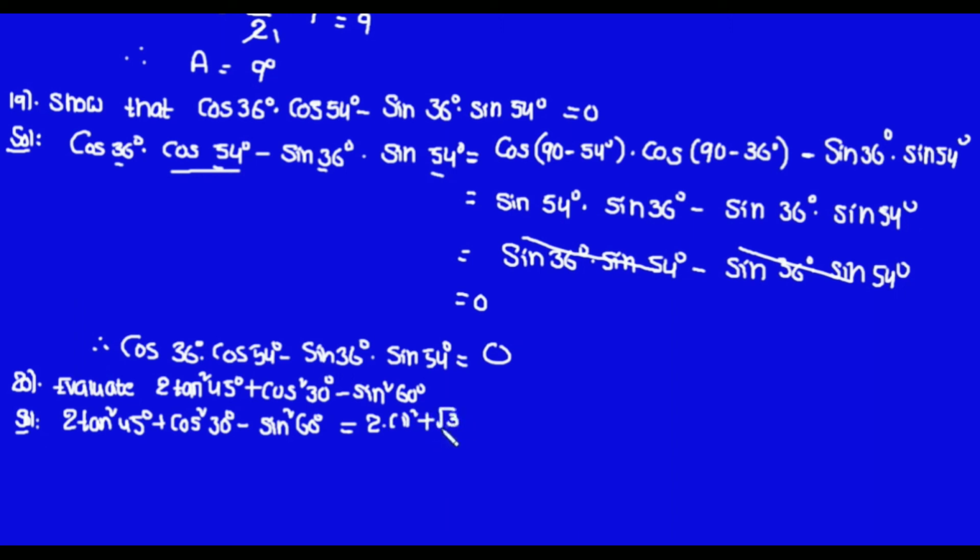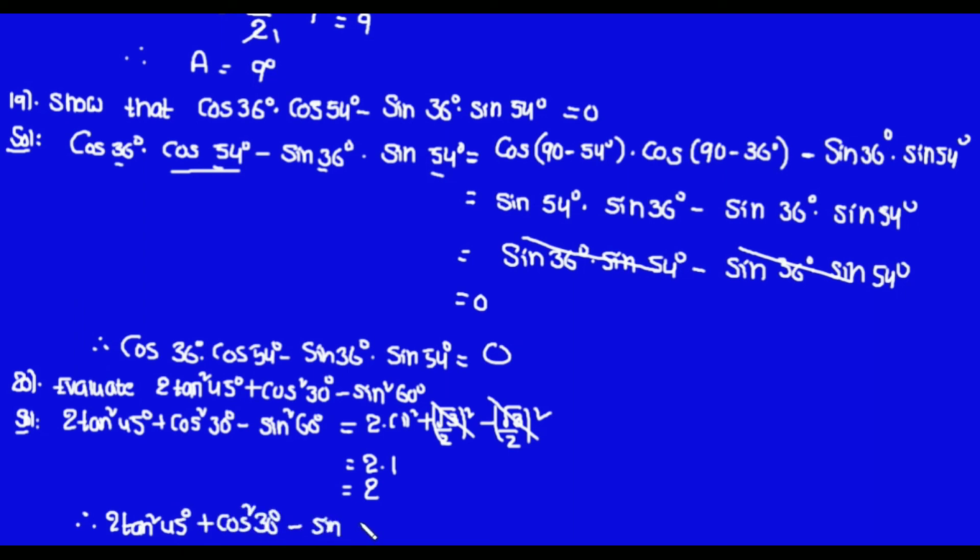Then we will get 2 of 1 square plus root 3 by 2 whole square minus root 3 by 2 whole square. The terms root 3 by 2 whole square minus root 3 by 2 whole square can be cancelled. Finally, we will get 2 into 1, that means 2 ones are 2. Therefore, 2 tan square 45 degrees plus cos square 30 degrees minus sin square 60 degrees is equal to 2.